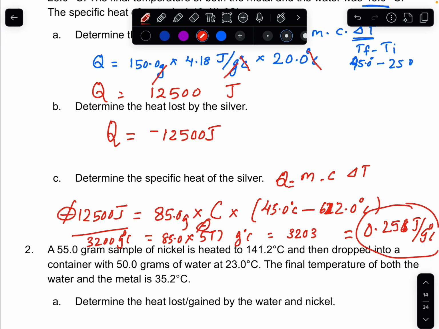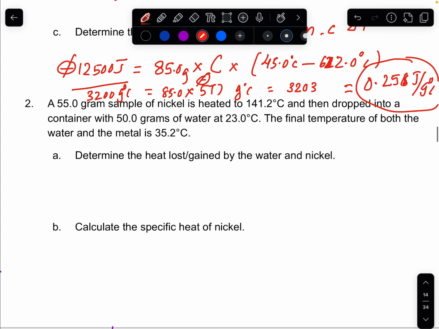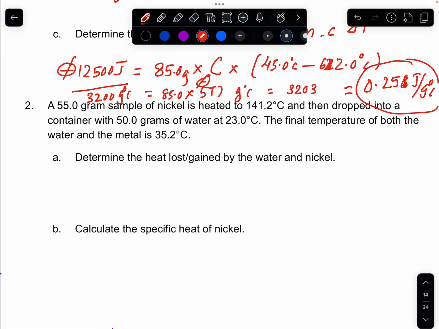Okay, so the same way you can do the second question also. Here, first you are calculating Q of water using m times C times delta T, which is mass of water, 50.0 gram, times C of water. It is not given in the question, but you can use your formula sheet or the previous question to find that.